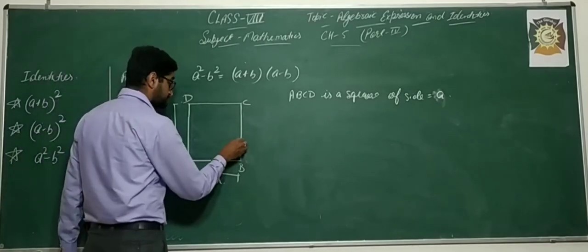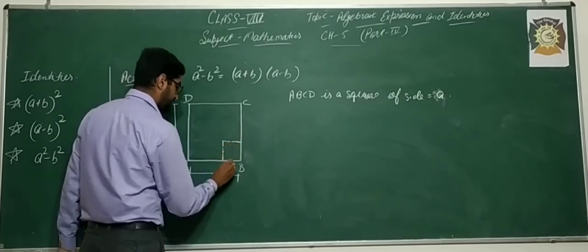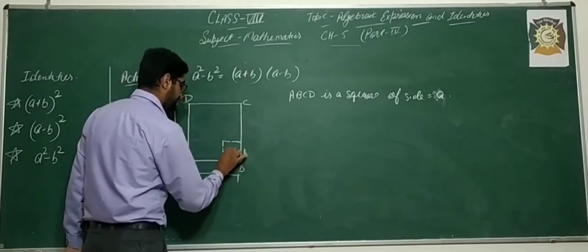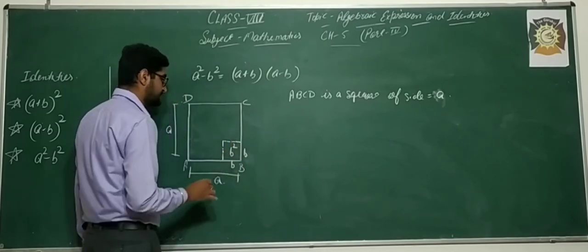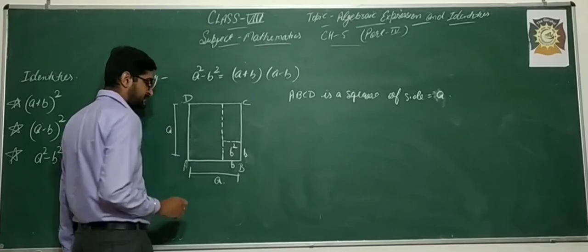Now we will make another square here whose side is B and its area is B square, and we will join here like this.